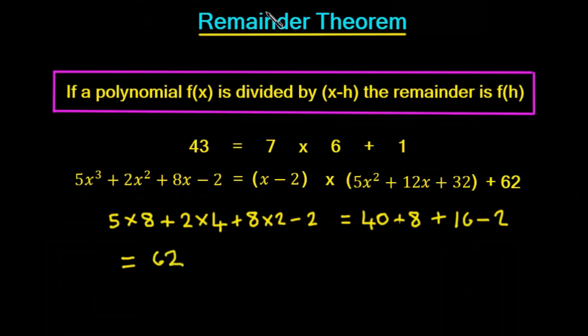So the main point about this remainder theorem is that the remainder is just going to be the value of the polynomial at the point where x is equal to the value of 2. So we'll have a wee look at that on the graphical calculator, and we'll see exactly what this equation looks like, and we'll find out that this does work and the remainder theorem is as stated up here.